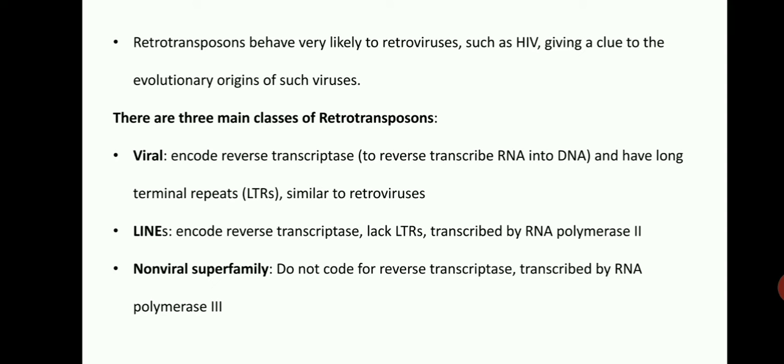First is LINE, the long interspersed nuclear element, and the second also includes short interspersed nuclear elements, that are SINEs. So LINEs and SINEs are the non-LTR retrotransposons. This is the second type of retrotransposons, which includes SINEs and LINEs.